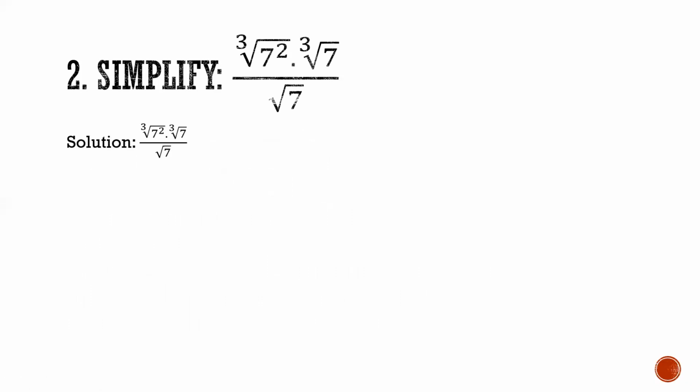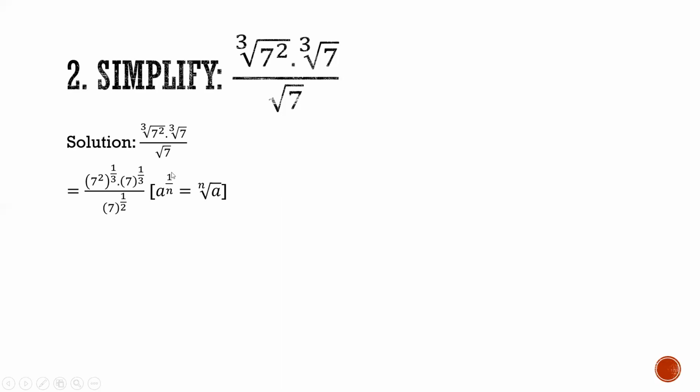In the solution part, we have first written the given term, cubic root of 7 square into cubic root of 7 divided by square root of 7. Now applying the formula of nth root, a to the power 1 by n is equal to nth root of a. So cubic root of 7 square is 7 square to the power 1 by 3.